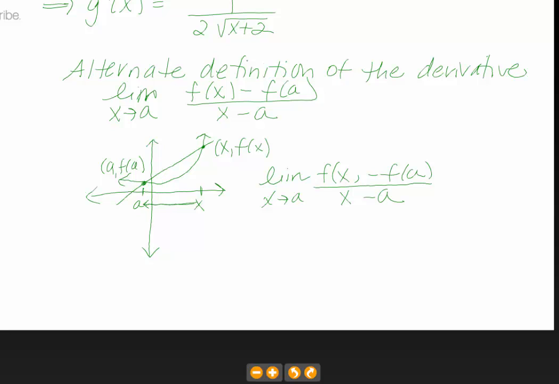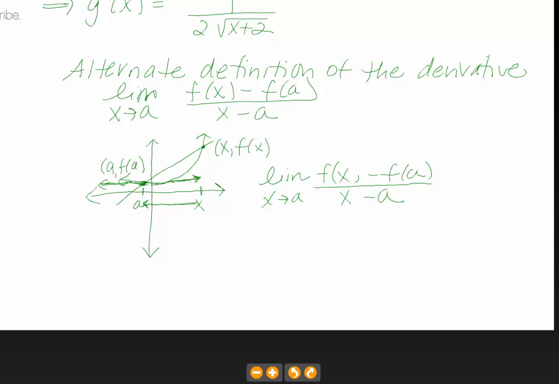What we're essentially doing is reducing that distance from x down to a. When we reduce that distance, we're essentially going to get that tangent line which touches at one point, just touching at a there.